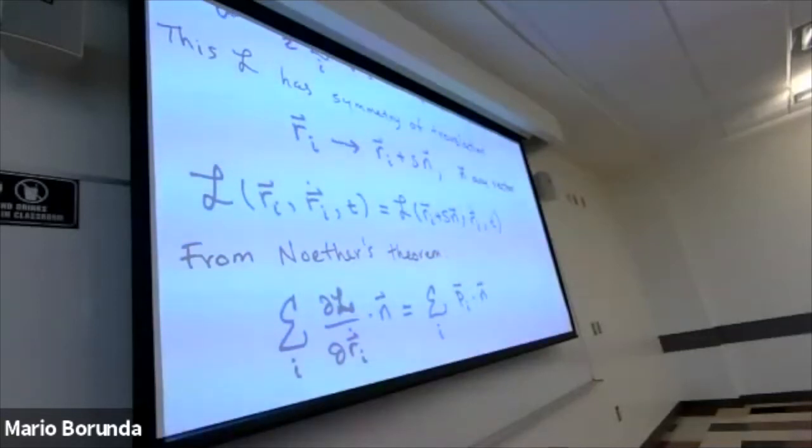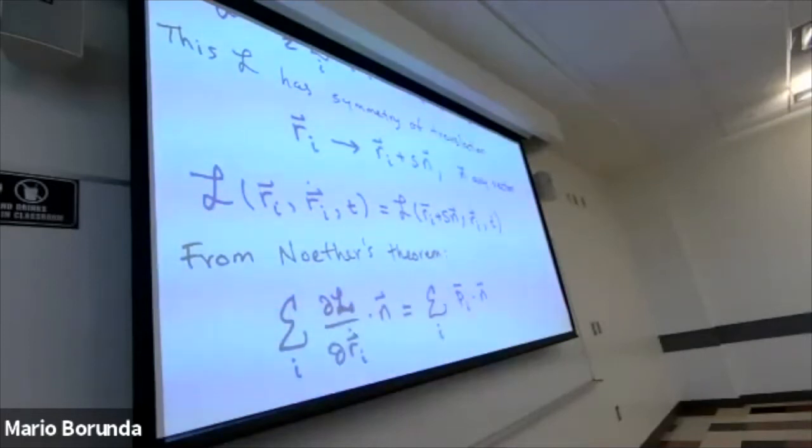So the conserved quantity is the momentum in the n direction. This term right here is just the momentum in the n direction, and that means that for all n, this is conserved.